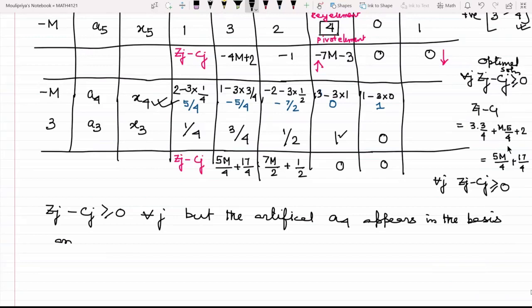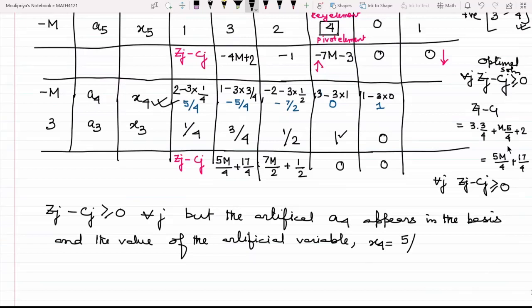Correct? And the value of the artificial variable, that is x4, is equal to 5 by 4. But actually, in true sense, artificial variables have no existence, right? So if this be the case, we say that the given LPP has no feasible solution.